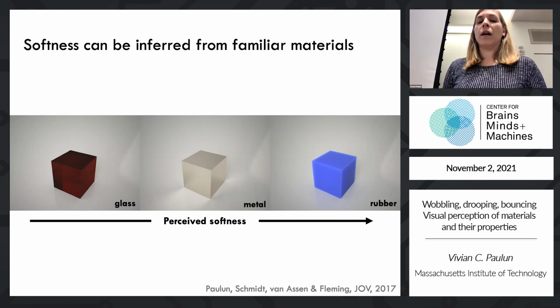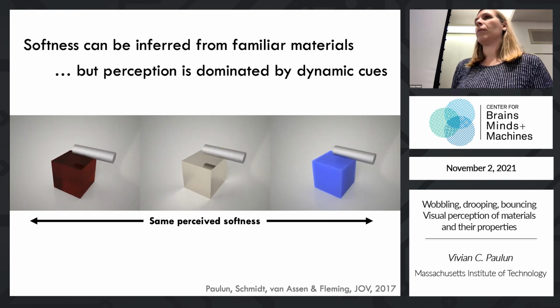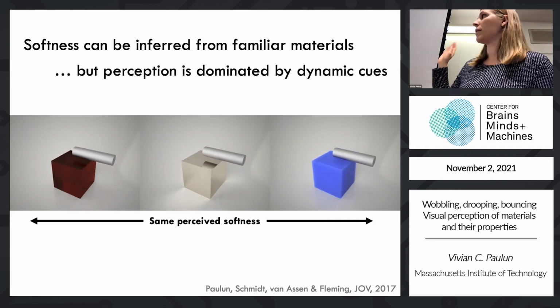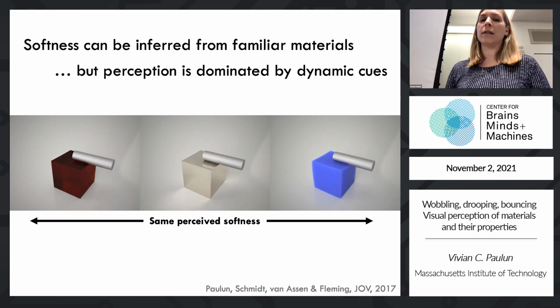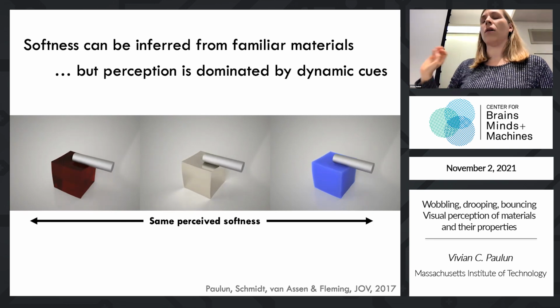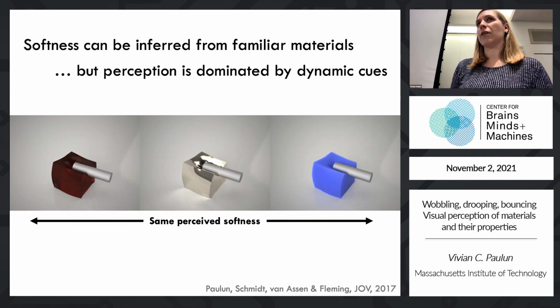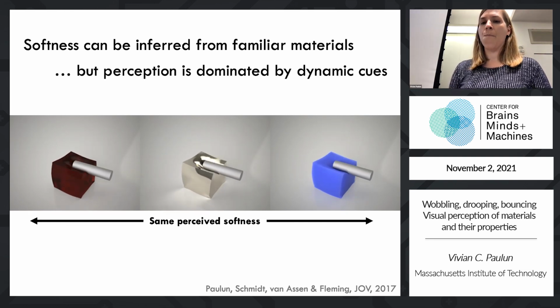If, however, we now dynamically deform these objects in the same way, and because we use computer graphics, we can do this in exactly the same way for all of the objects, then the perceived softness is the same for all of these three objects. So perception is dominated by these dynamic cues and not by prior expectations you have about materials.